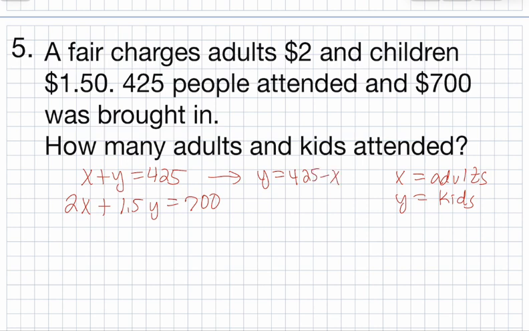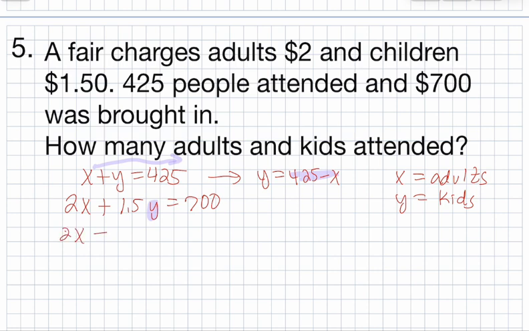So all I've done is I have moved the x to the other side, just subtracted it. Now, that's what our y is equal to. So I can take out this y right here, and by substitution, I know y is equal to 425 minus x. I'm going to take out the y. I'm going to put in 425 minus x.